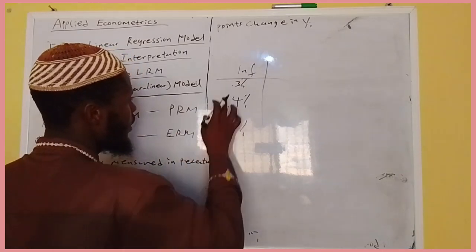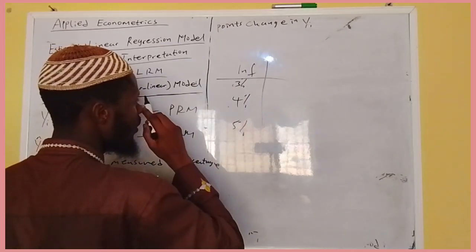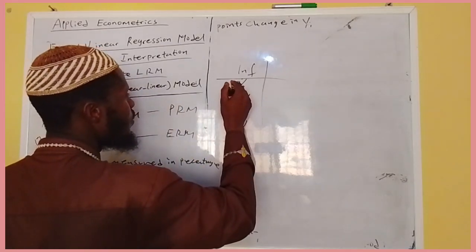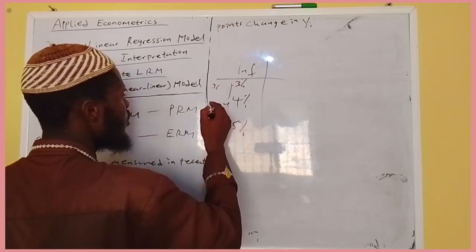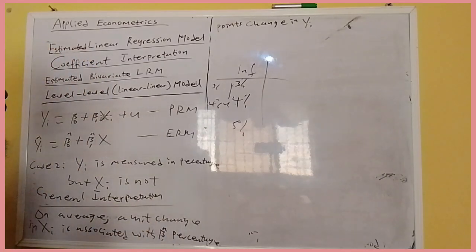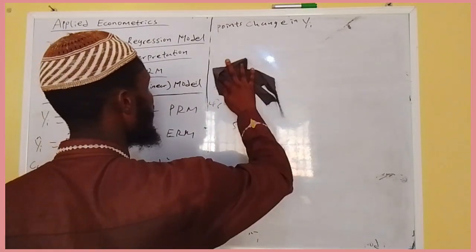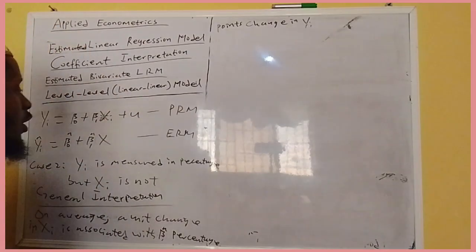So an increase in this percentage is known as 1 percentage point, not 1 percentage change. That is why this interpretation is the correct one. We will not interpret as percentage change; it is going to be interpreted as percentage point change.